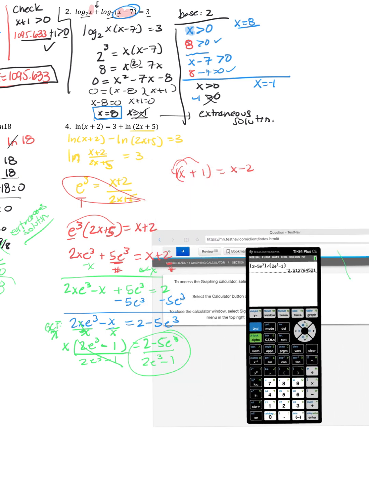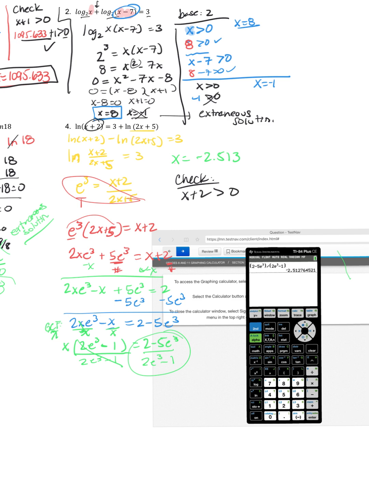So for our answer, according to my calculator, we got x equals negative 2.513. Now we have to check that. Okay, so let's check. I'm going to do the first argument of x plus 2 right here. That has to be greater than 0.